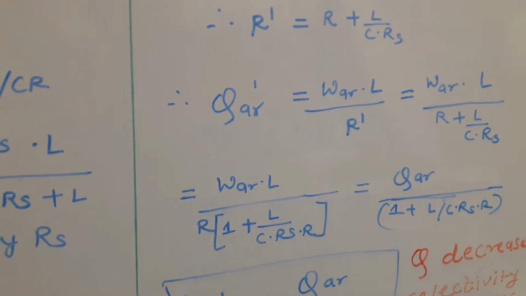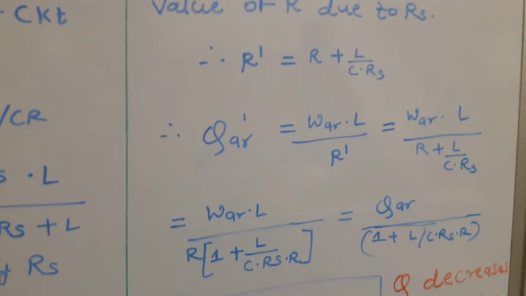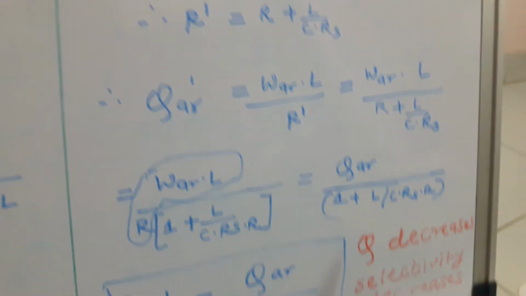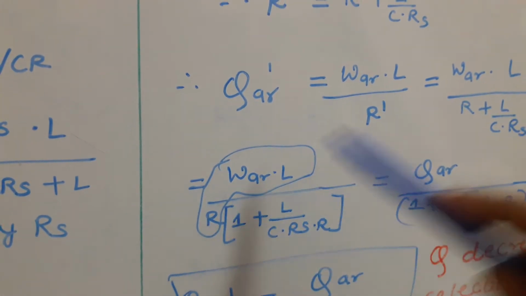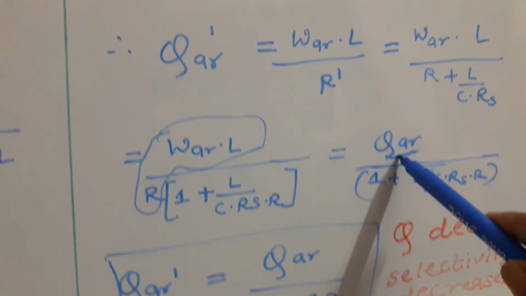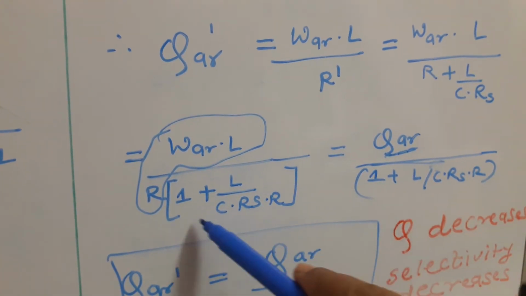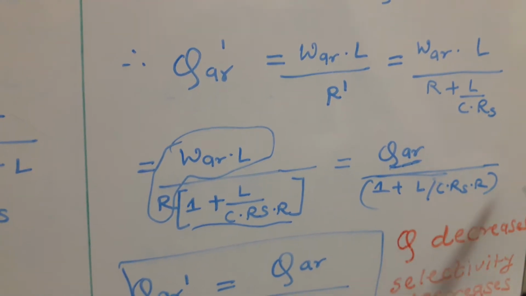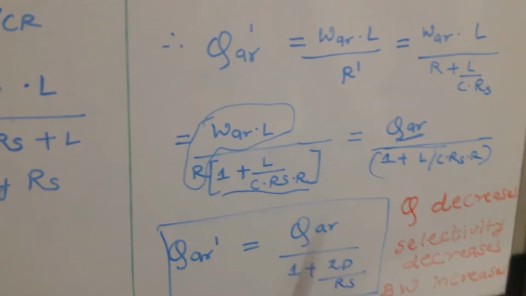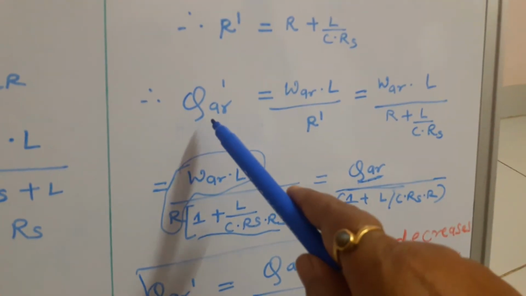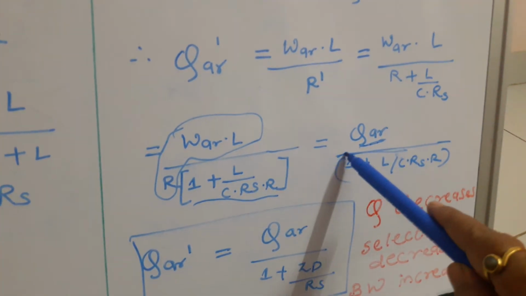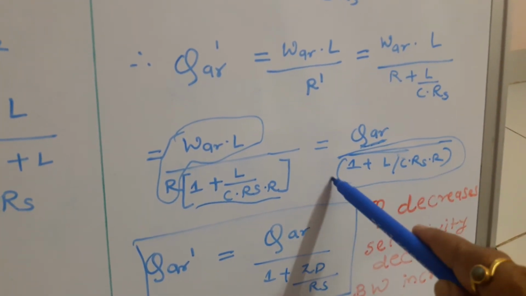Now we know the expression for quality factor is nothing but omega L by R. So we can replace omega AR dot L by R with the quality factor for the anti-resonant circuit, QAR, divided by this entire bracket, 1 plus L by C dot Rs dot R. So we can see here that the quality factor after considering source resistance for the parallel resonant circuit has been reduced by the amount of this bracket.